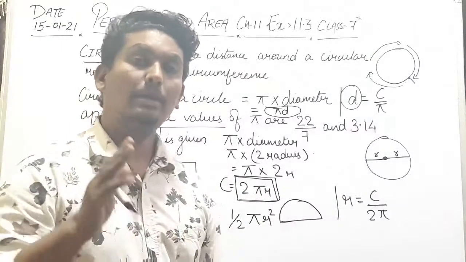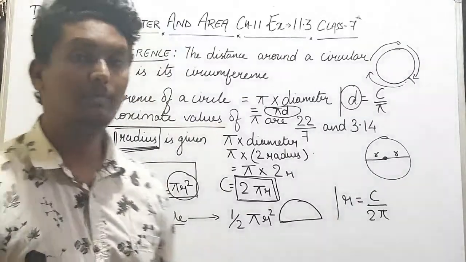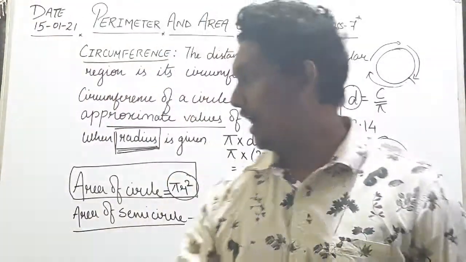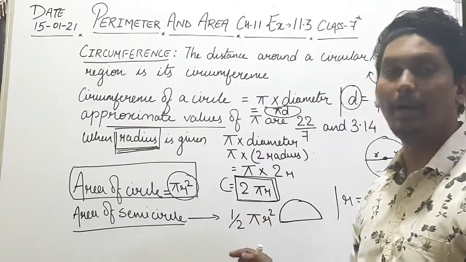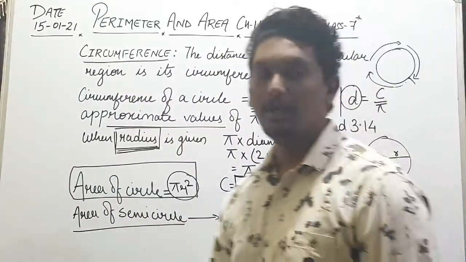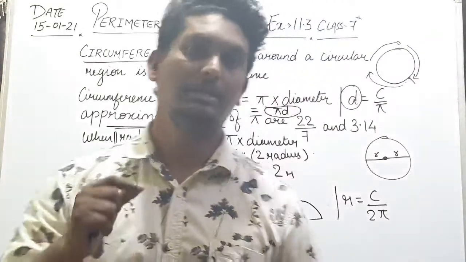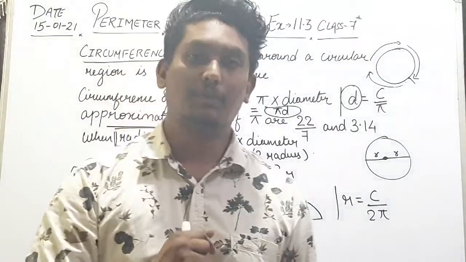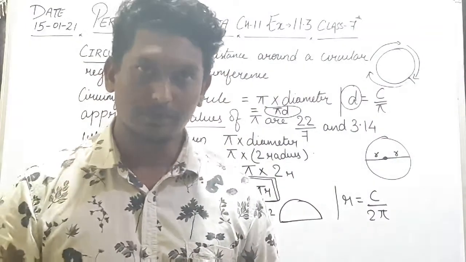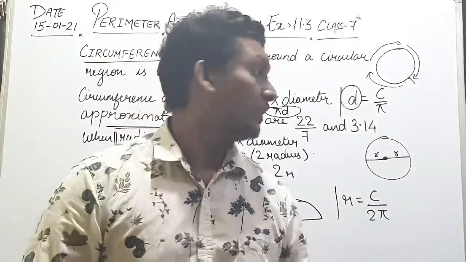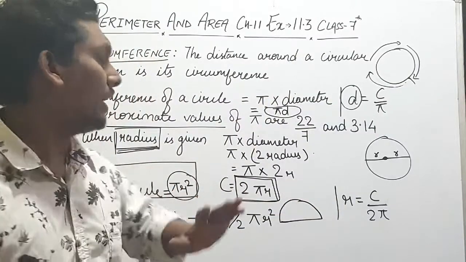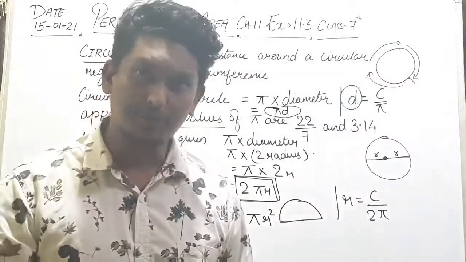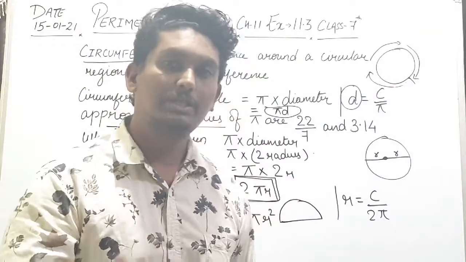And when you have to find the area, the formula is pi r square, and for the area of a semicircle, the formula is half pi r square. These are the few things about circles, the formulas that you have to keep in your mind while solving questions. So this is just an introduction to the circles topic. So just go through it.